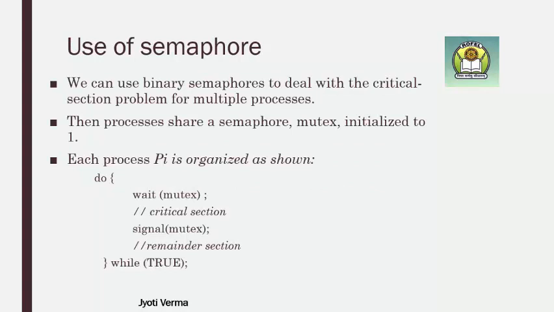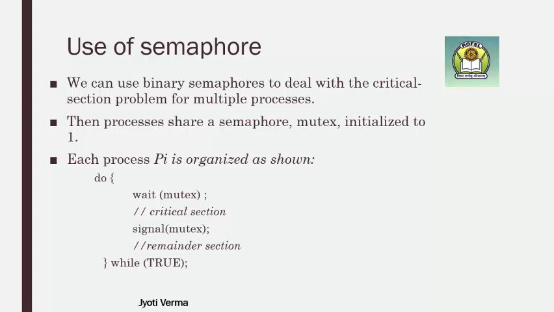The use of binary semaphore. We can use binary semaphore to deal with the critical section problem for multiple processes. When the processes share a semaphore, the mutex is initialized to 1. Each process Pi is organized as shown in the figure. Do, wait, mutex. Means what?